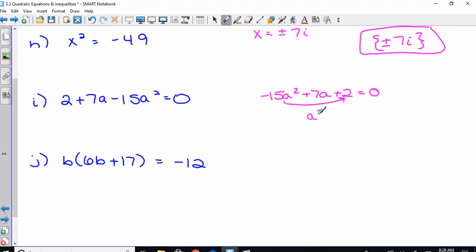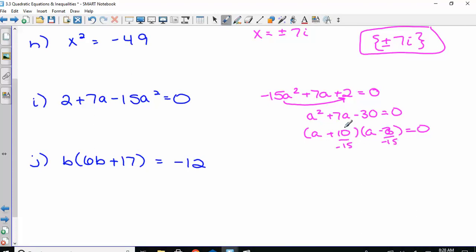If you multiply that negative over, so what multiplies to negative 30 and adds to positive 7? 3 and negative 10. And what do I have to divide by? 15. Negative 15.